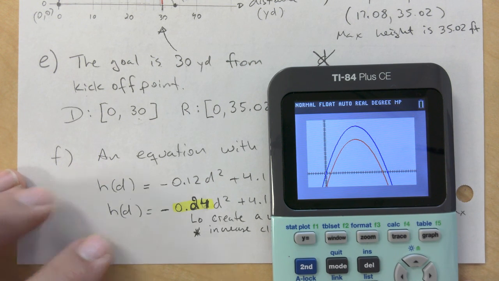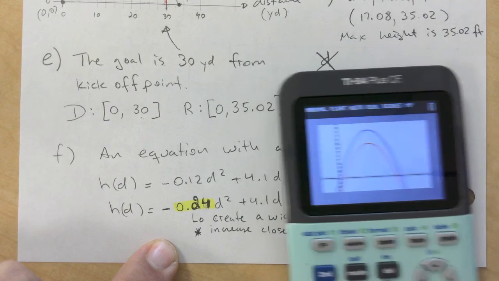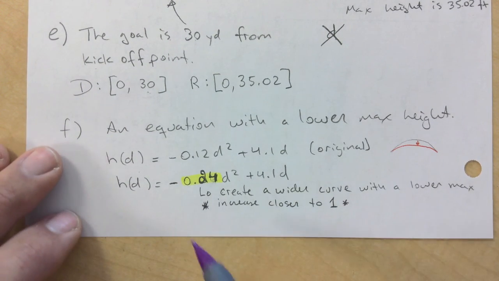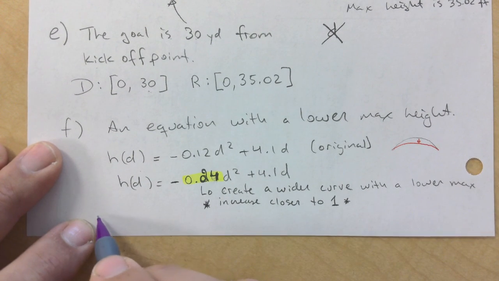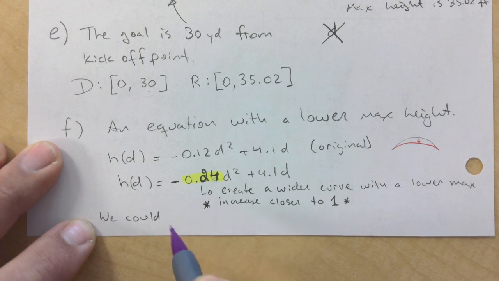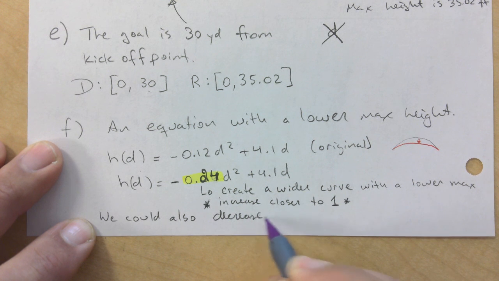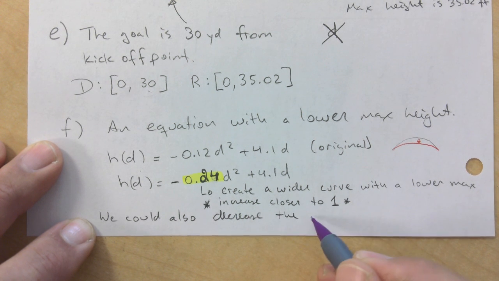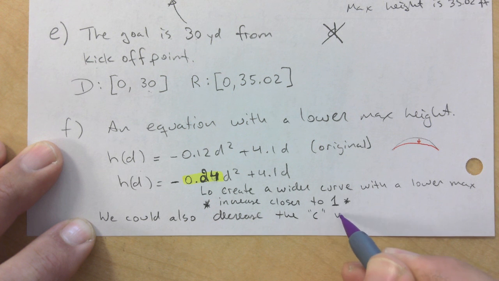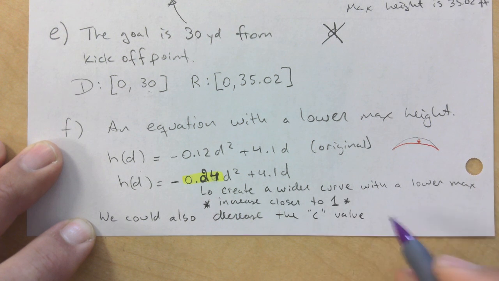Okay, so if you want to add that to your notes here, how about this? We could also decrease the C value, right?